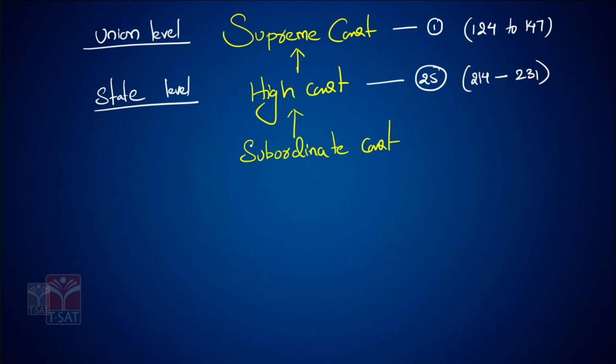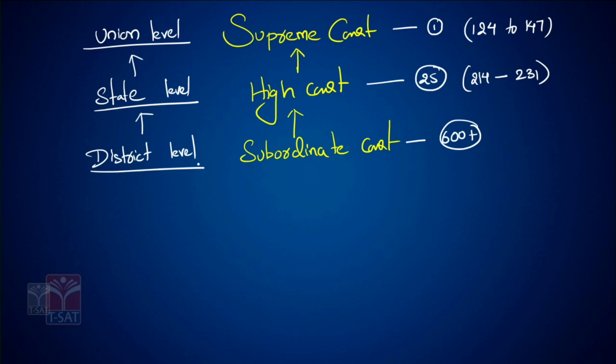Now, subordinate courts: there are 600 plus subordinate courts in the country, and this is at the district level. We have union, state and district level courts, and Article 233 to 237 deals with the subordinate courts in the country.